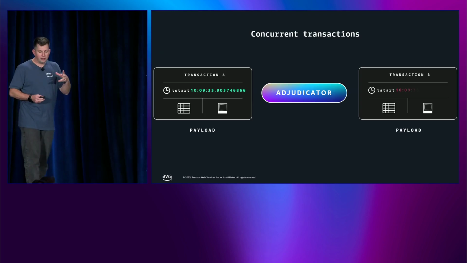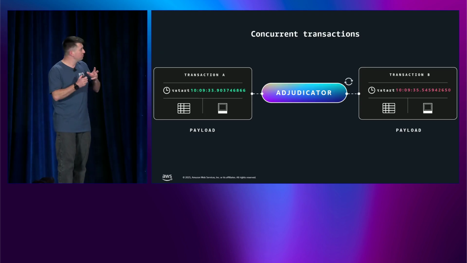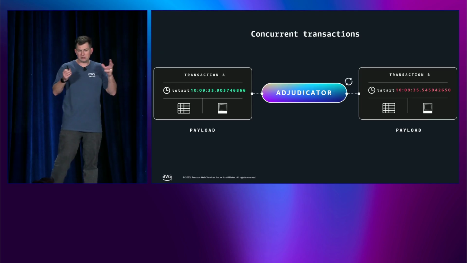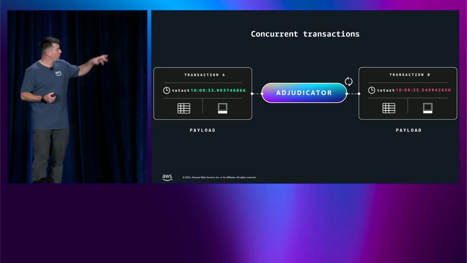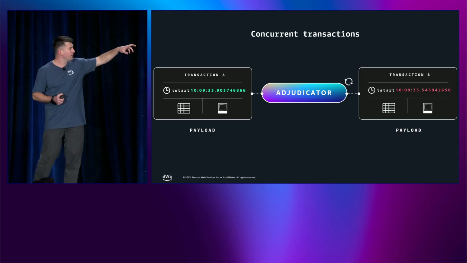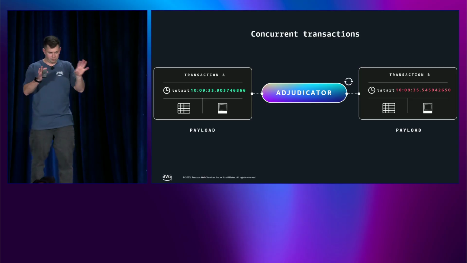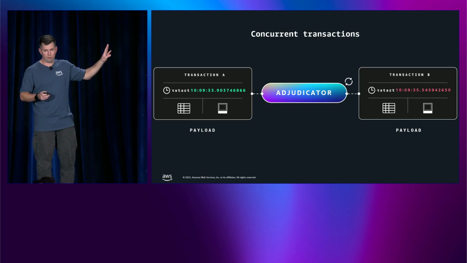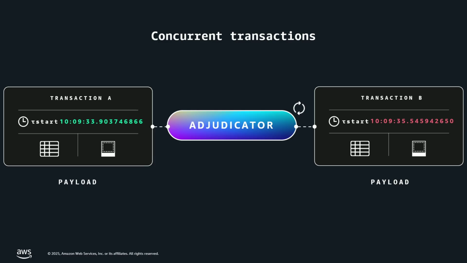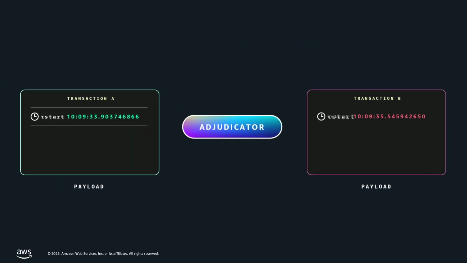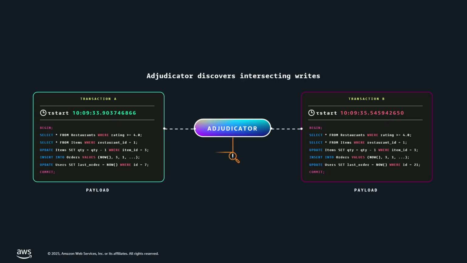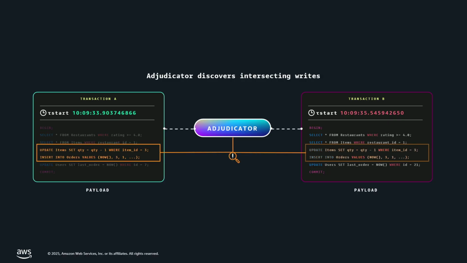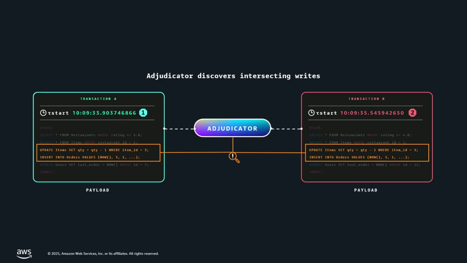When two transactions come in, what basically happens? Here we have two transactions, A and B. They started almost at the same moment, but transaction A was committed slightly before transaction B. In this case, the adjudicator will analyze the payloads of both transactions, examining their write sets and start time.